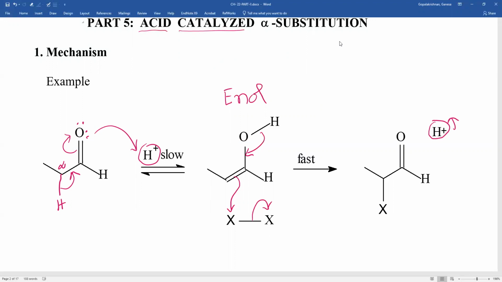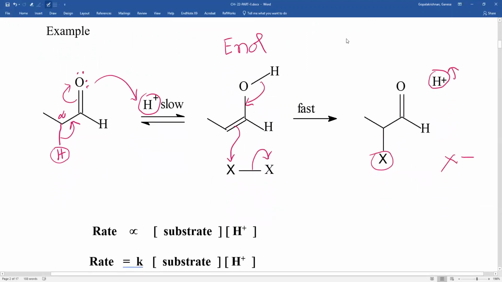In this reaction, the X also goes as X minus. What do you observe? First one, we substitute an alpha hydrogen with a halogen. This occurs through the enol. In this mechanism, the first step is the slow step. It decides the rate of the reaction.